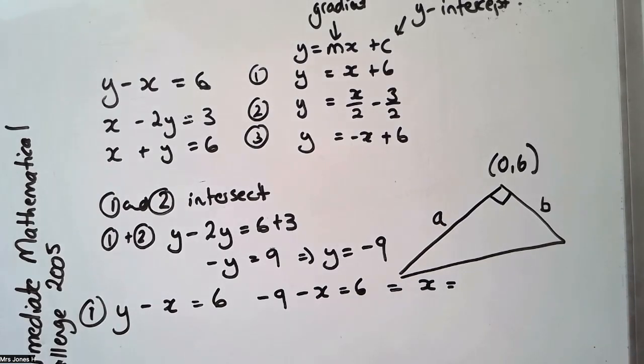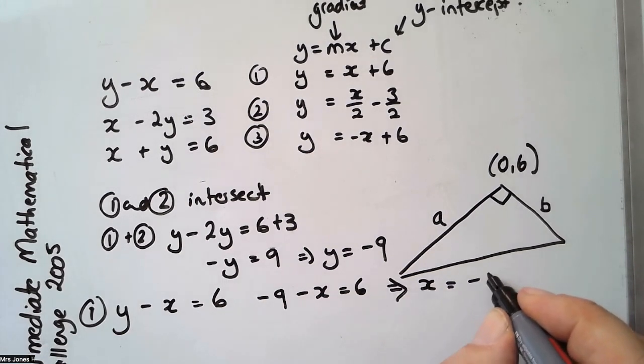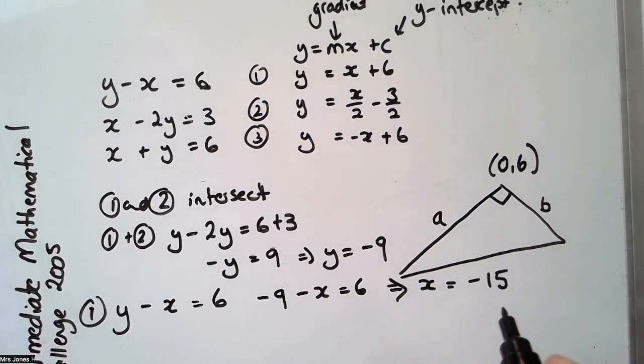What have I done wrong? Y subtract x. Oh, yeah, sorry, it is right. Therefore, x equals negative 15.